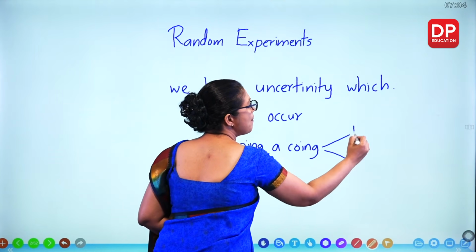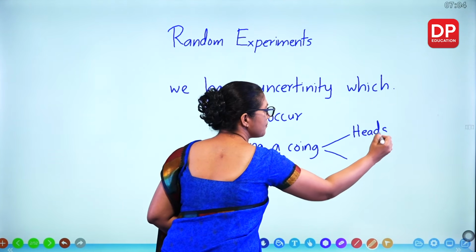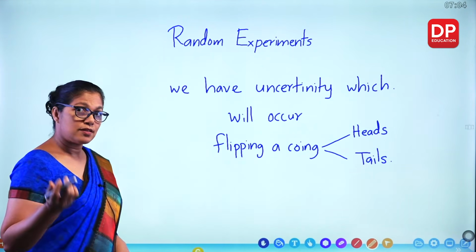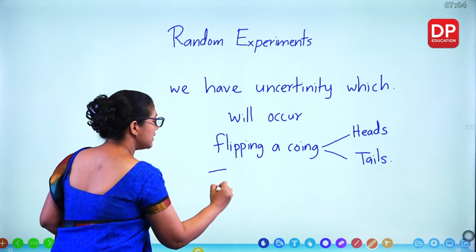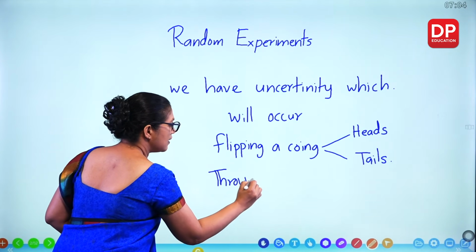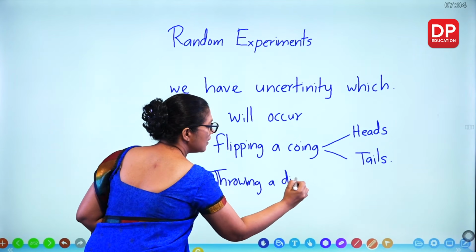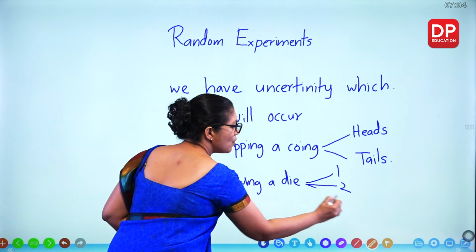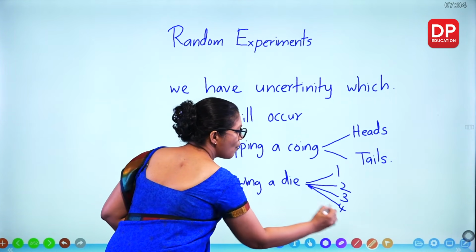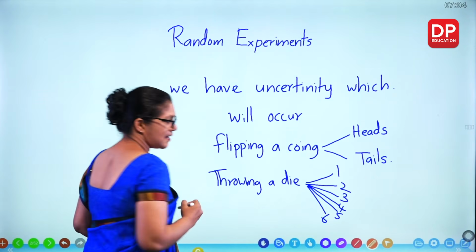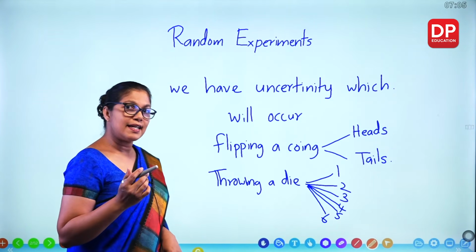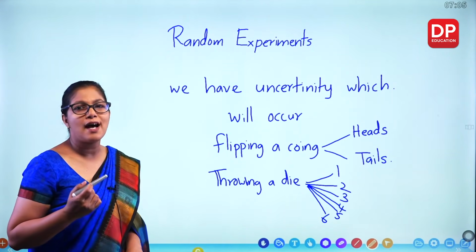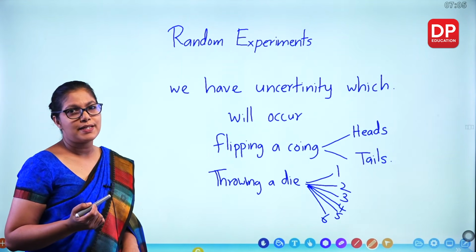It can be heads or tails. Throwing a die, we don't know. It can be 1, 2, 3, 4, 5, 6. 6 numbers are there in a die. So we are not sure about those experiments. So those are called random experiments.